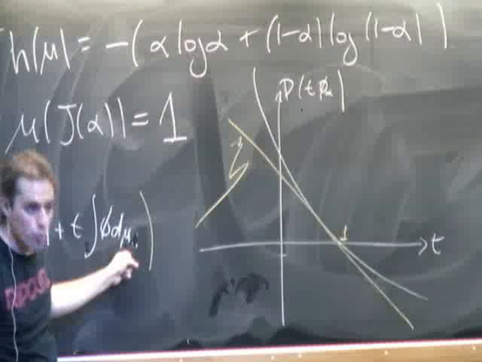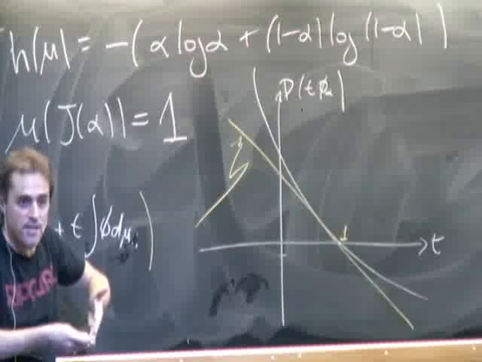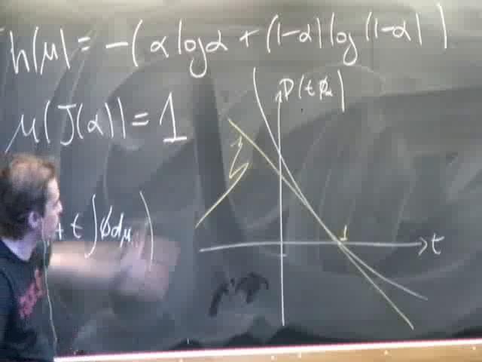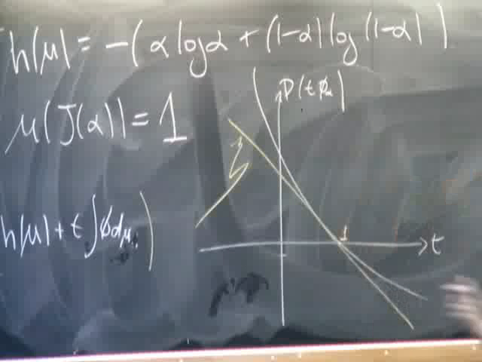If you have two different equilibrium states, you should have two different tangent lines, and therefore the pressure should not be analytic, and you will have what is called a phase transition. Whatever.